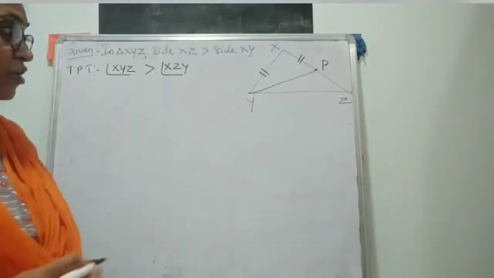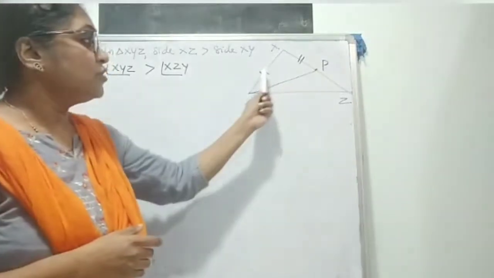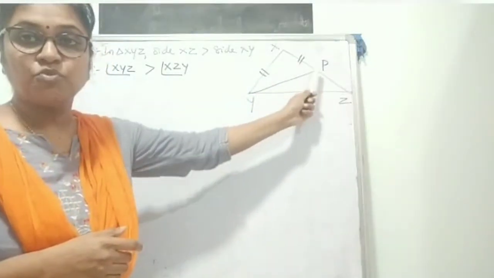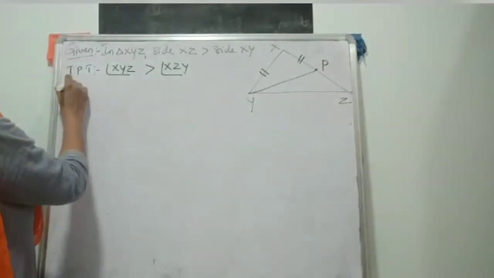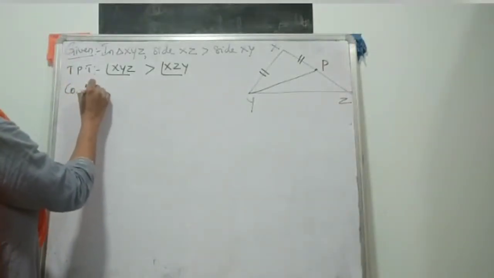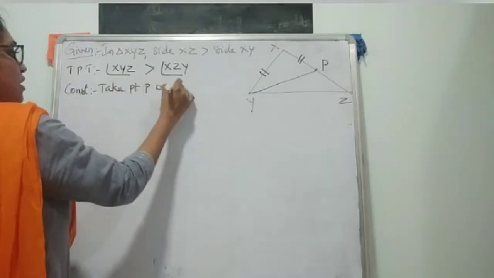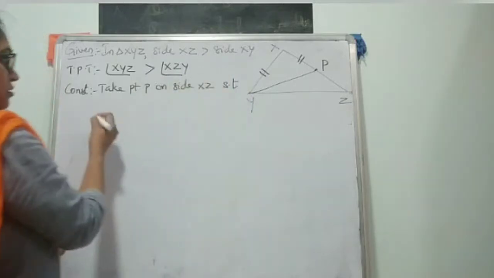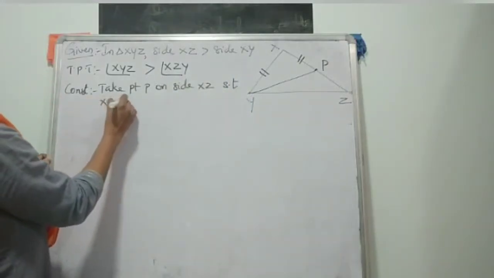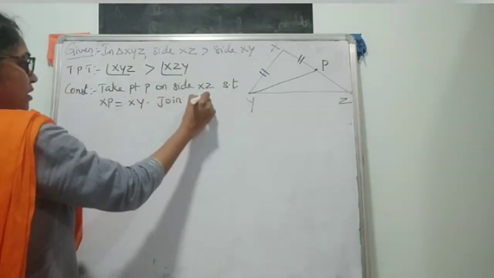Now when you join YP, you have a triangle XYP which is an isosceles triangle because both the sides are equal to each other. So the construction is: take point P on side XZ such that XP is equal to XY, and then join YP.